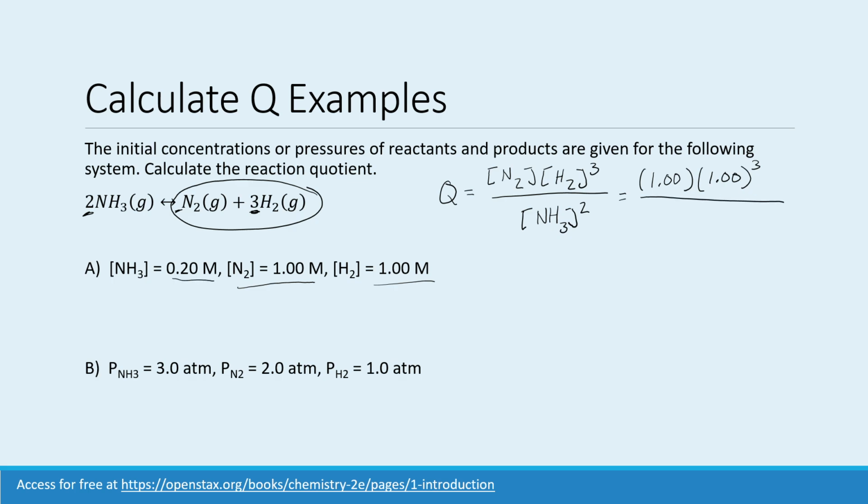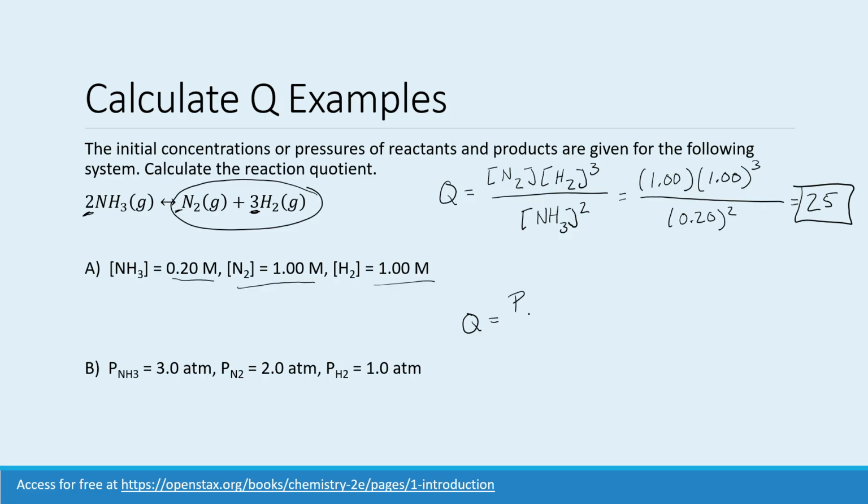Okay, so we're basically doing 1 to the 4th power overall, divided by ammonia, which is 0.2, and raise that to the 2nd power. Okay, and plug that in, you should get a value of 25. So Q equals 25 for that first example.